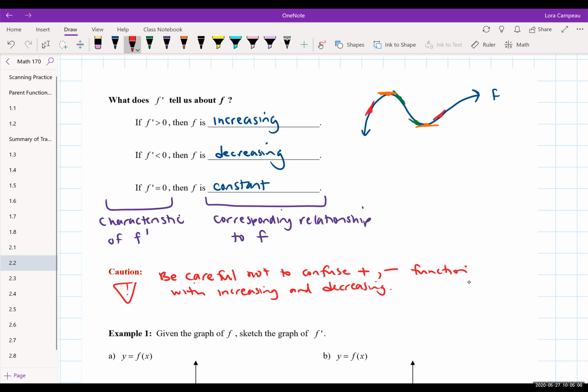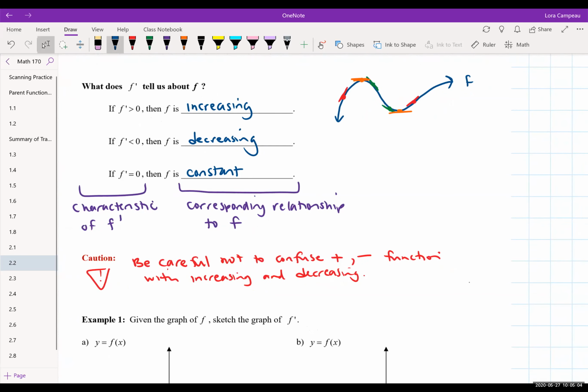So it's the case that a function can be negative and still be increasing. Let me see if I can come up with a quick example off the top of my head. You could have a case where your function looks something like this.